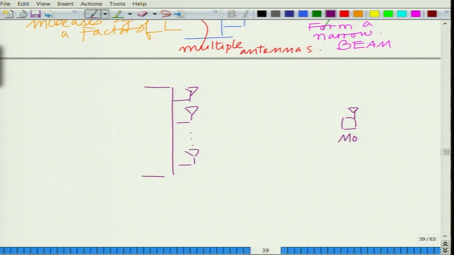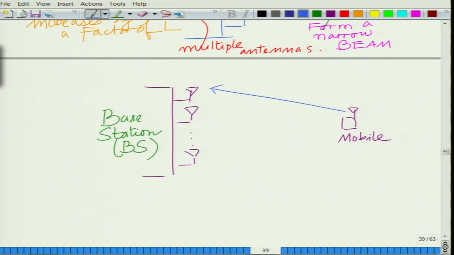This is your mobile, and this is your base station, which we also call the BS, and then you have the channels between the mobile and the base station.